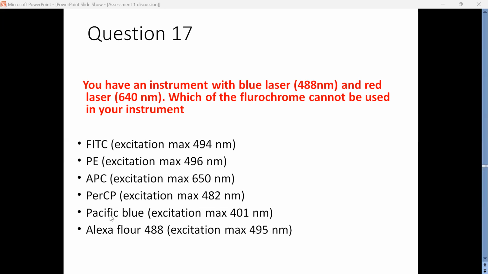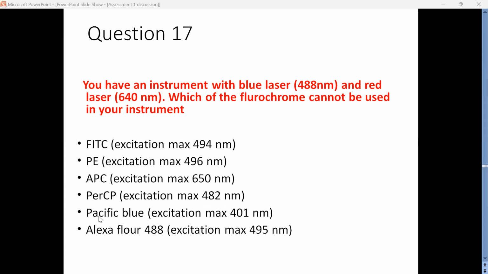Coming to Pacific Blue, whose excitation maximum is 401. See, now 401 is very far away from 488. Even the excitation spectrum of Pacific Blue will not reach up to 488. So 488 is somewhere, 401 is way behind. Okay, so this can be excited by a violet laser, which gives you light of 405 nanometer, but not by a blue laser.